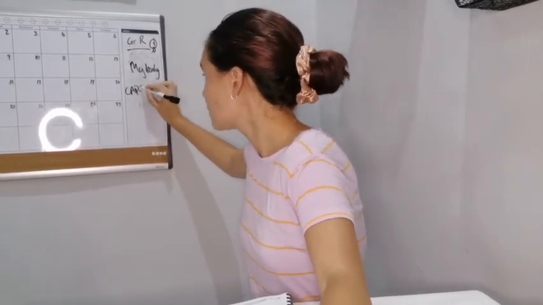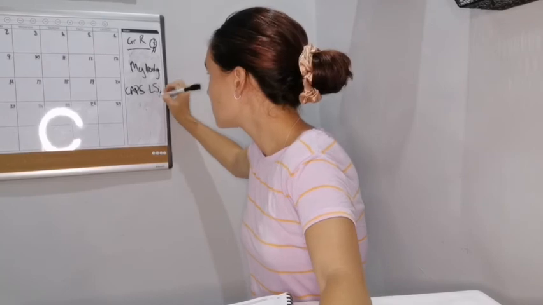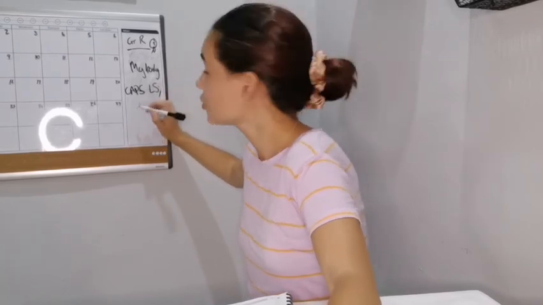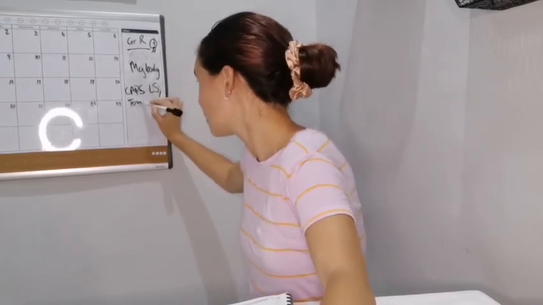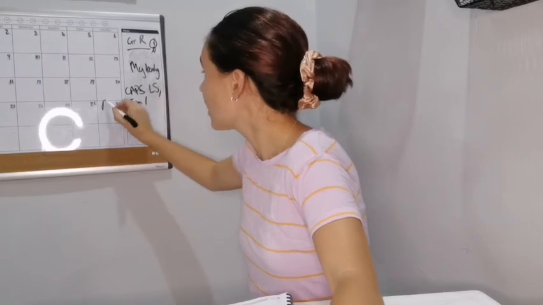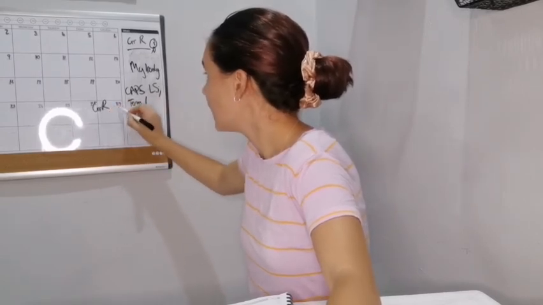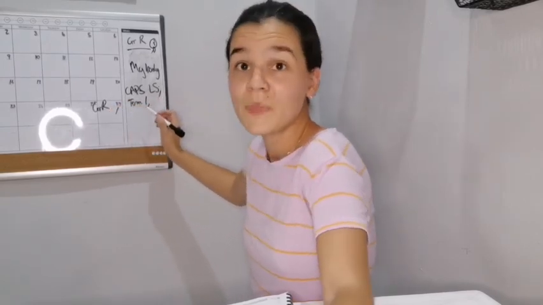So we'll write CAPS, life skills. We will then write term 1, or you can put grade R here, and then comma, term 1. Then you'll put down the week. If you look at it like this, you have to count in twos.